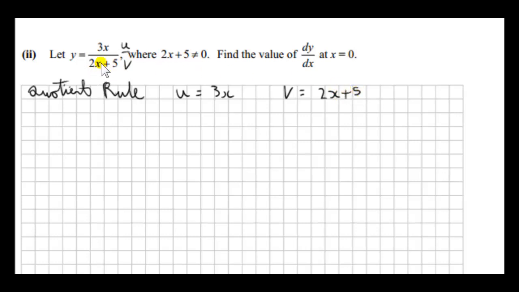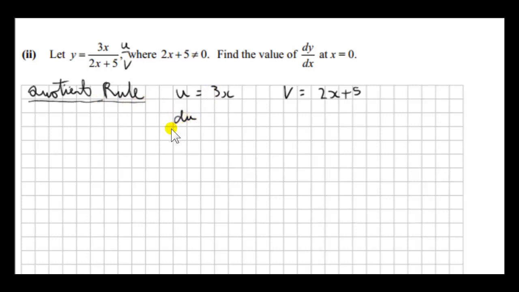Now if we just had a single term underneath, we would not have to use the quotient rule. We could just break it down quite easily, but you see we have two terms in the denominator. When we have two terms we have to use the quotient rule. Actually there is another way of doing it which I'll get to, but I'll start by using the quotient rule.